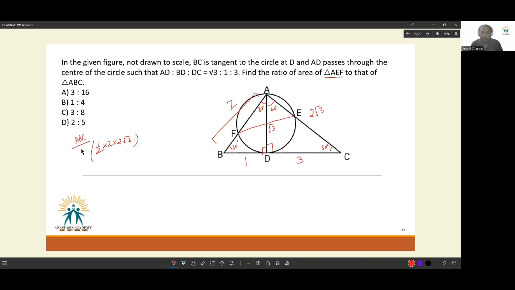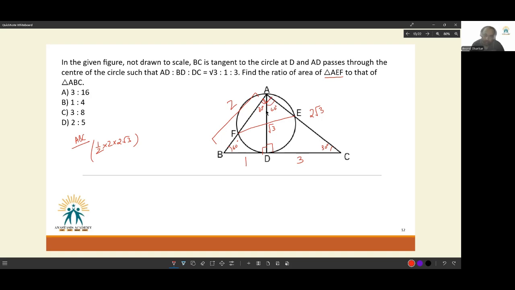This is known. Now we have to do our work to figure out area of AFE. Now area of AFE, let's see. I have this as 90.